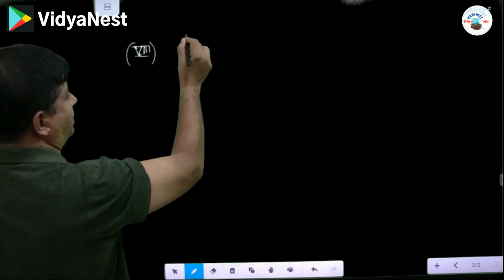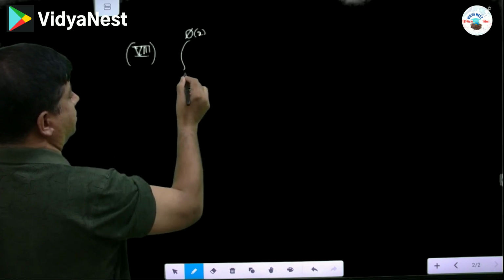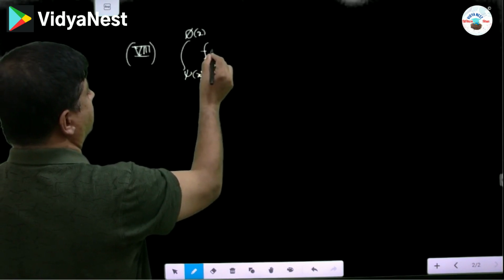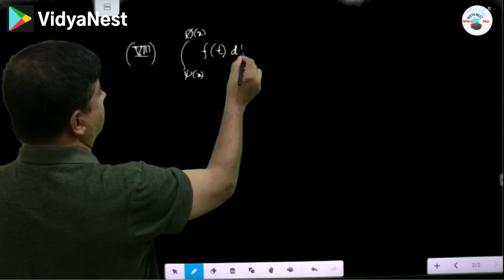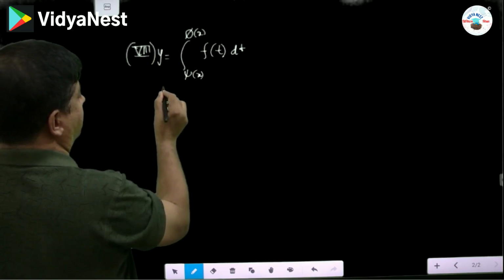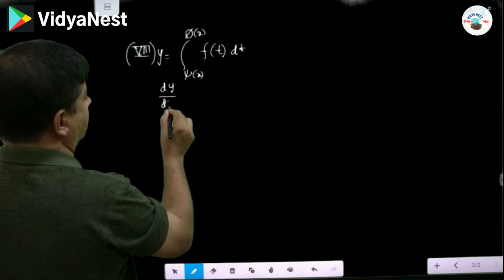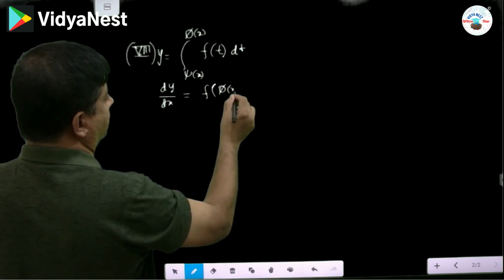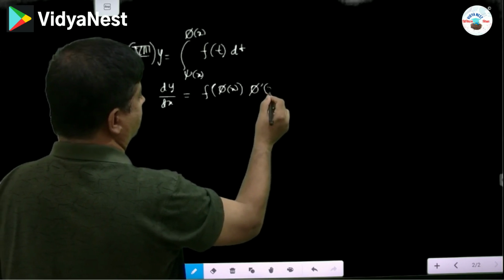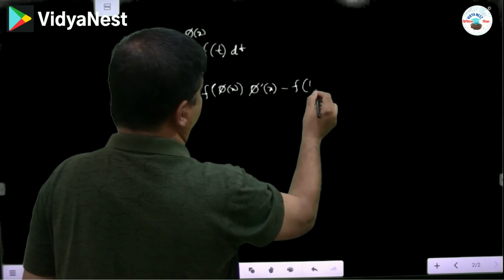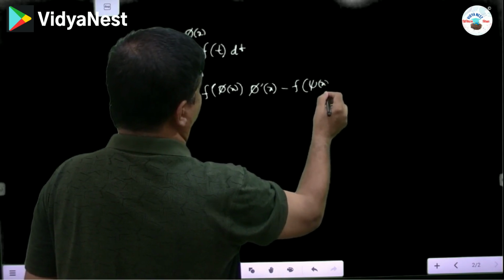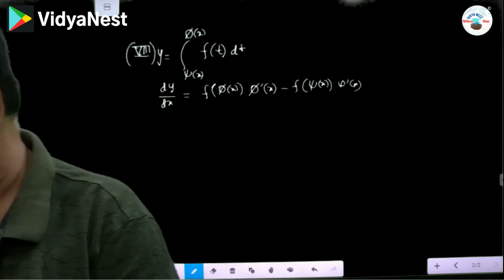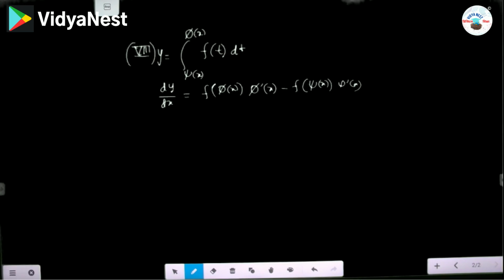See, if you get a function like this, and if the upper limit is differentiated, and the lower limit is differentiated, that is called Leibniz theorem.